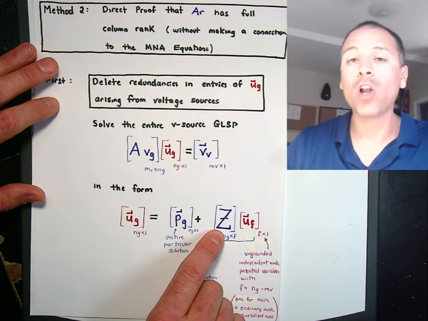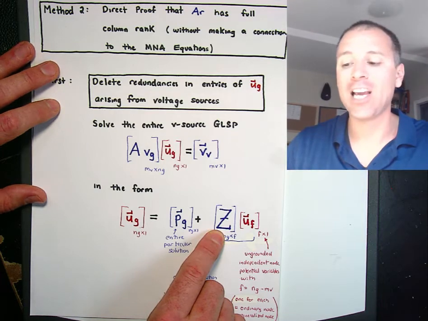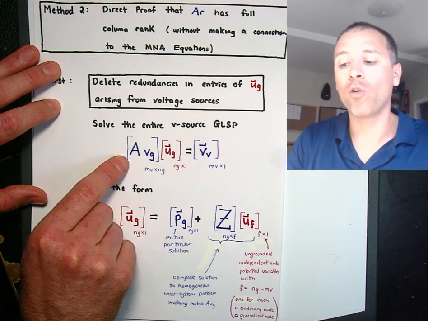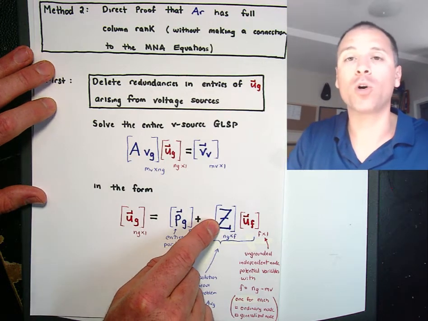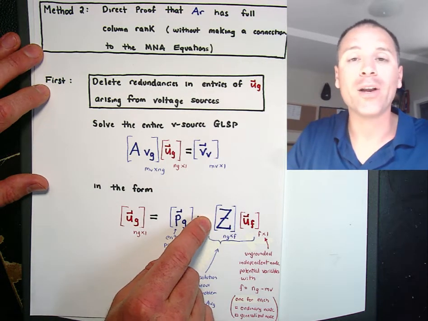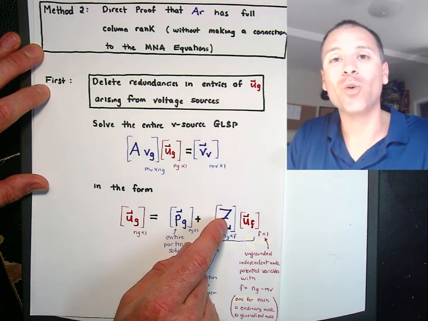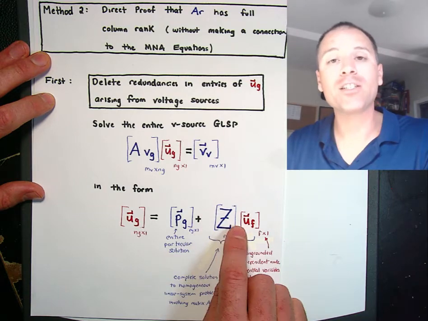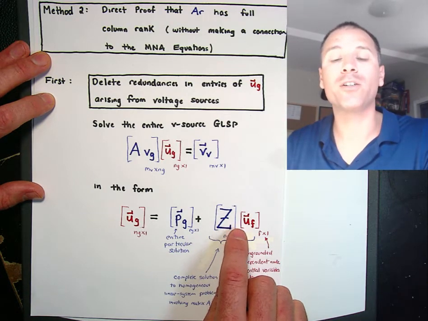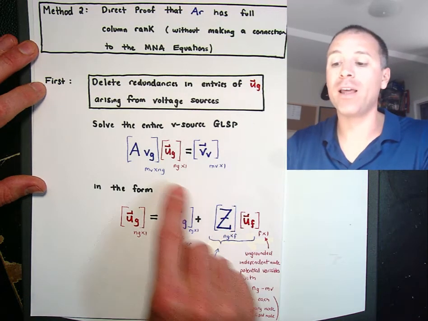The columns of the matrix Z are going to form a basis for the null space of A sub VG, which means that those columns are going to correspond to ordinary and generalized nodes. This component together, Z times U sub F, is a complete solution to the homogeneous linear systems problem involving this matrix.